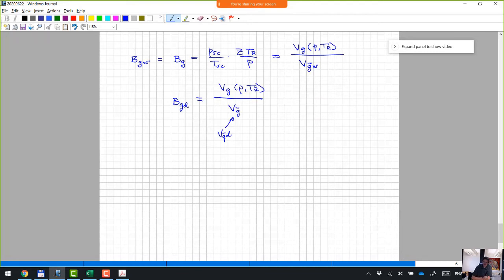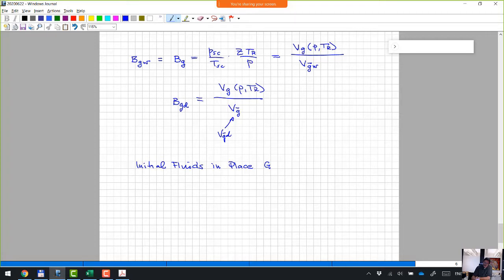And if we want to talk about initial fluids in place, one of the participants was asking how we calculate initial fluids in place, for example, initial gas in place.